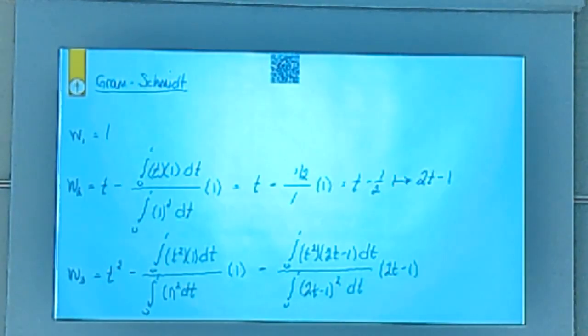That's 2t cubed minus t squared. Integrate that from 0 to 1. For 2t cubed from 0 to 1, that's a half. T squared from 0 to 1 is a third. What's half minus a third? 1/6.